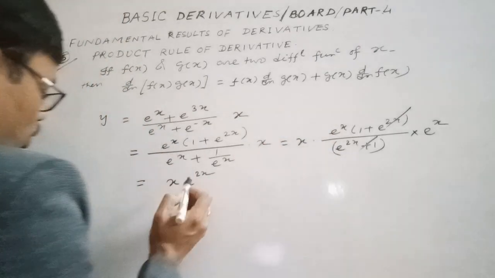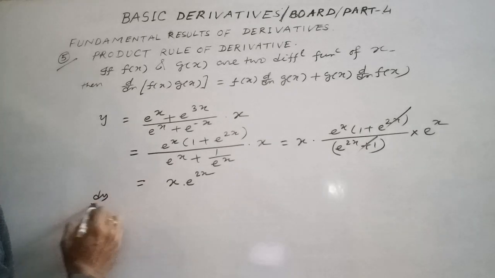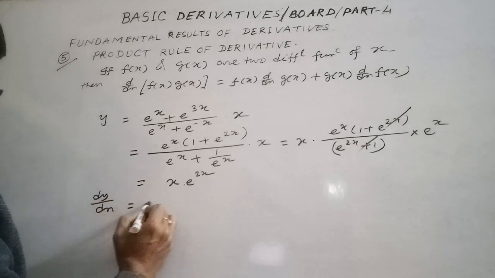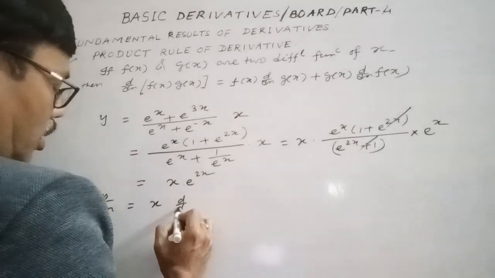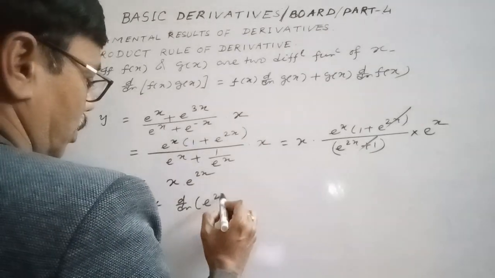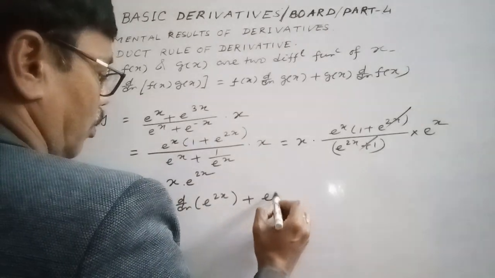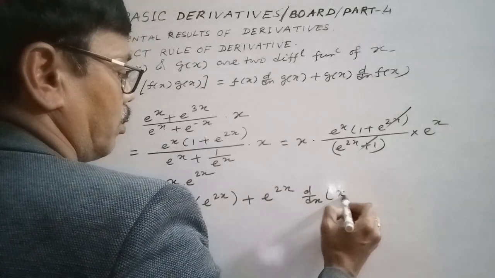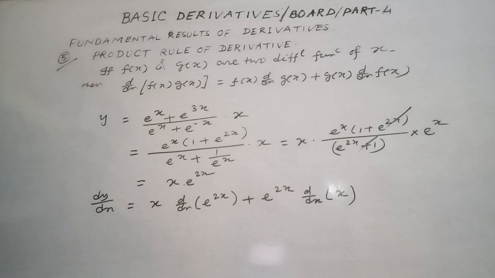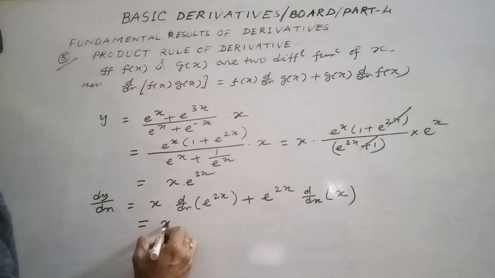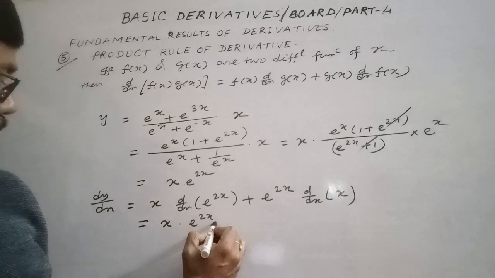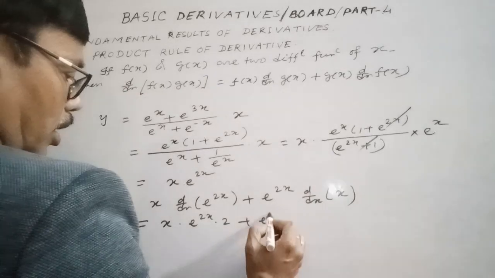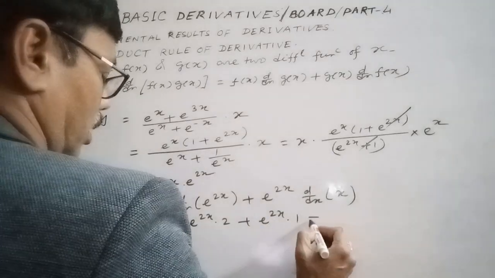So now use product rule. dy by dx: x unchanged, d/dx of e to the power 2x, plus e to the power 2x unchanged, d/dx of x. So perform derivative: x into e to the power 2x into 2, plus e to the power 2x into 1.